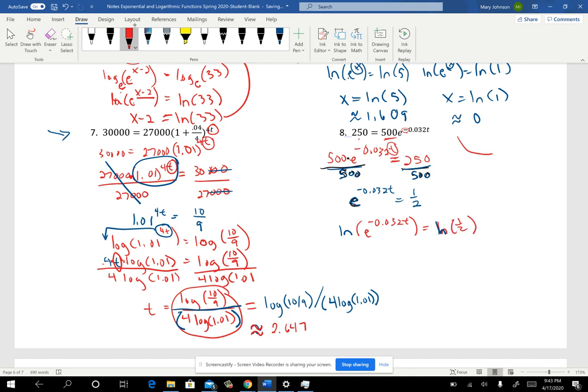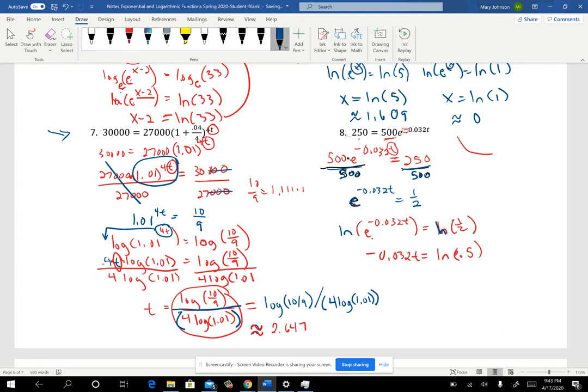All right, so the natural log and this being base e, those are going to undo each other. You're going to have negative 0.032t equals the natural log of, and I can go ahead and change that into a decimal. I didn't do that here because 10/9 is 1.1111, keeps going, but 1/2 is just 0.5, okay?